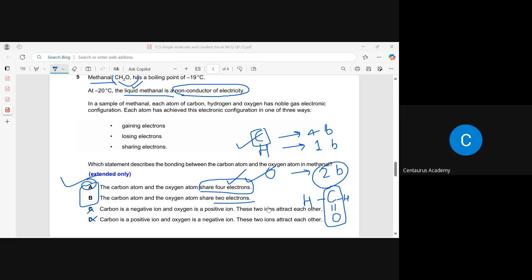The carbon atom and the oxygen atom. Tell me how many electrons are being shared in the carbon and oxygen double covalent bond. In a double covalent bond, how many electrons are shared? Oh, 4. So shouldn't it be A? Yes. Okay. But carbon and oxygen share 2 electrons each. But they didn't say each.